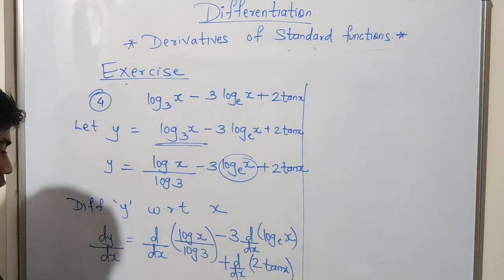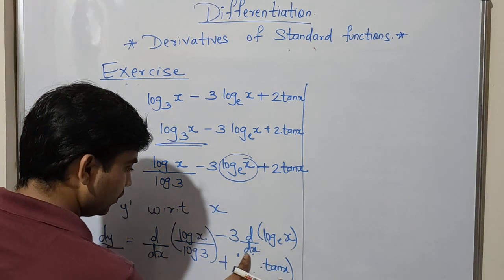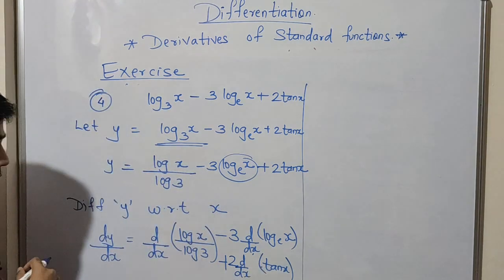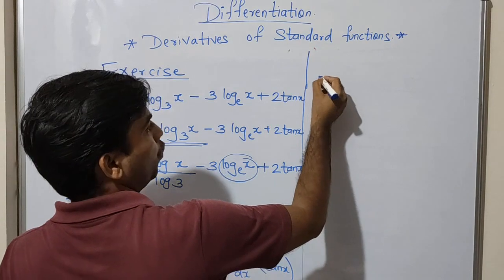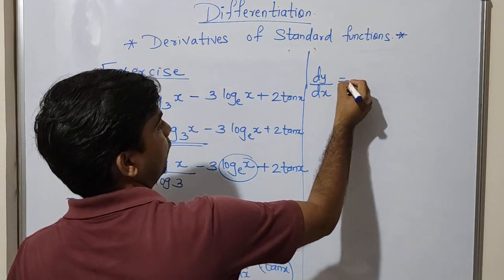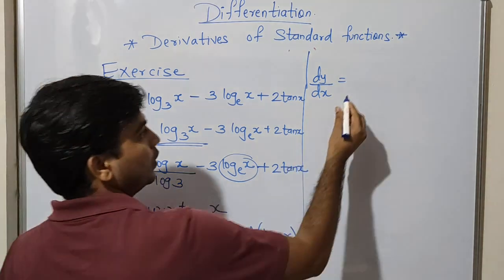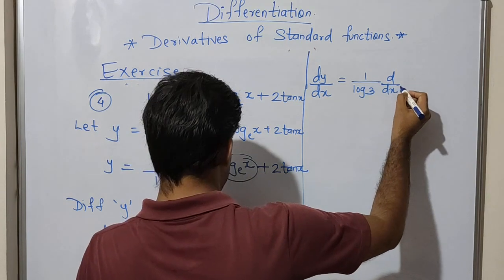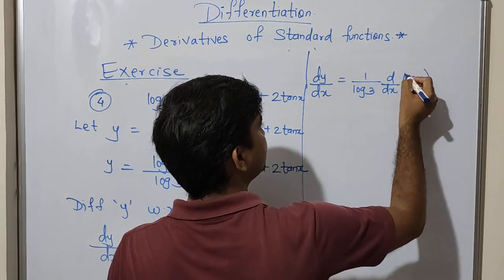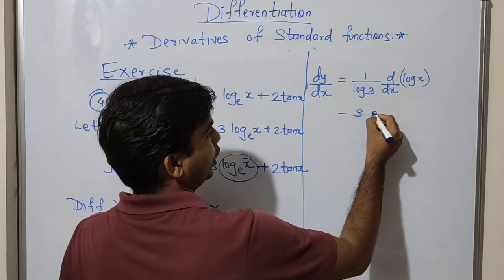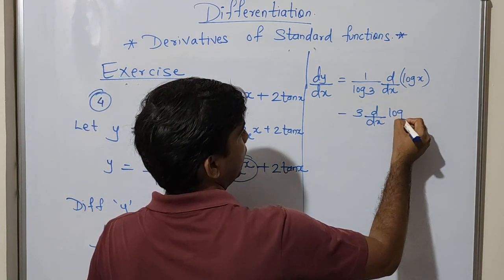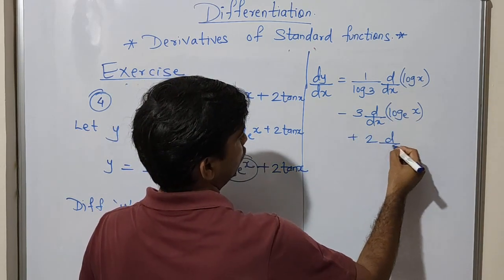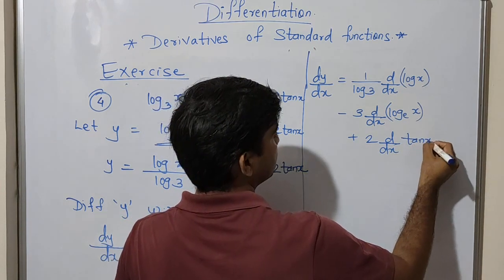Okay, so I can write this 2 over here. So what is dy by dx? We can keep this log 3 aside, and it is 1 upon log 3 into the derivative of log x, minus 3 into the derivative of log x to the base e, plus 2 into the derivative of tan x.